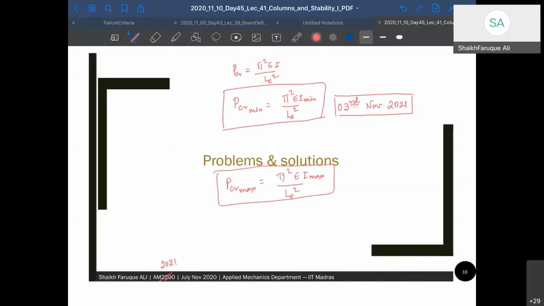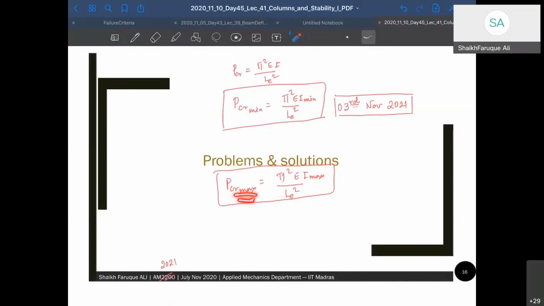Now, let's say that I consider pi square EI max. If I consider that, I get a PCR max, but the section that has the smaller I cannot take up that load, right? It will fail, isn't it? So I cannot give this load there.